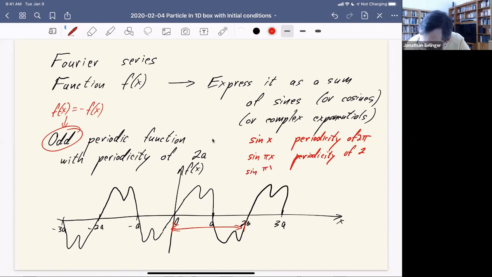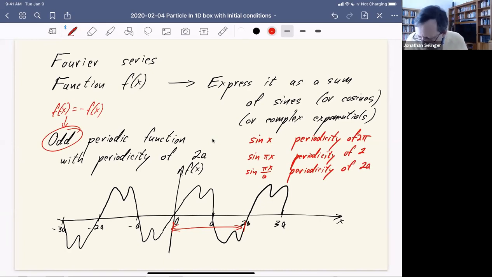Sine of pi x over a has a periodicity of 2a. So that is one function that has the right periodicity.